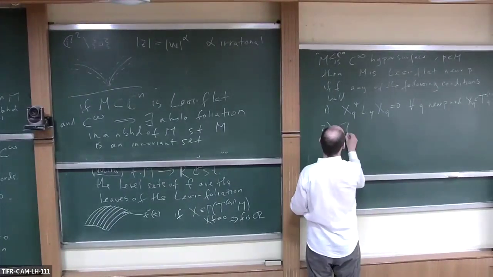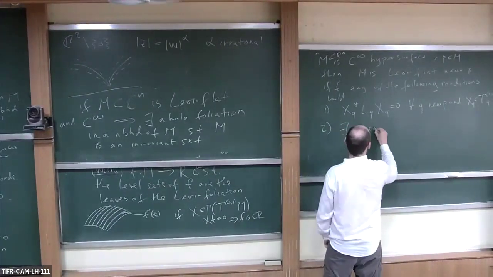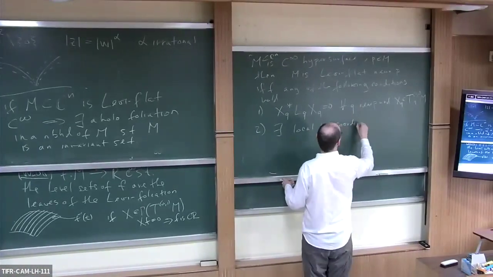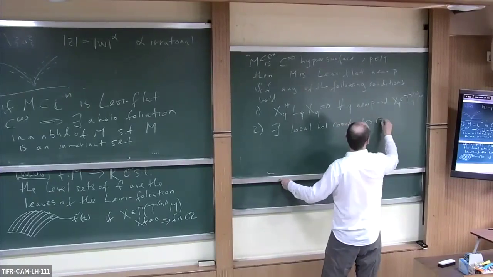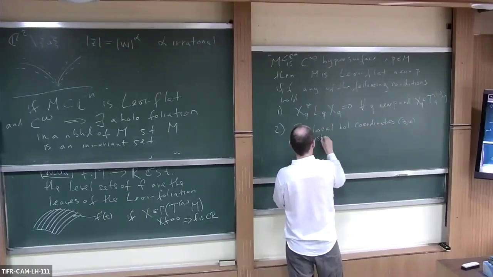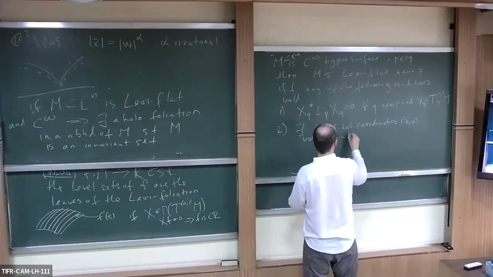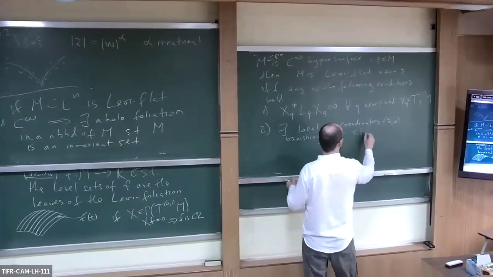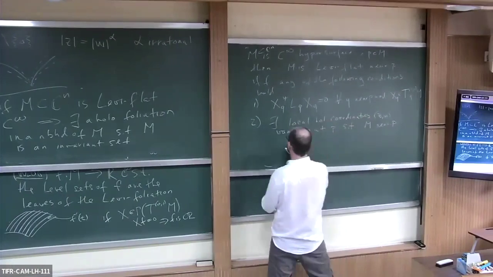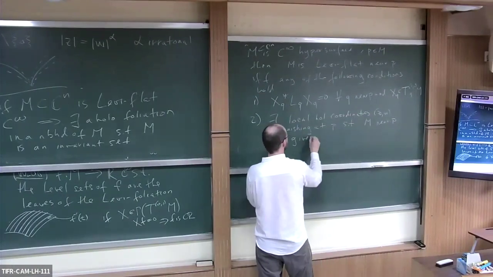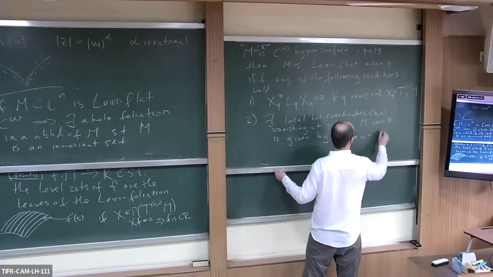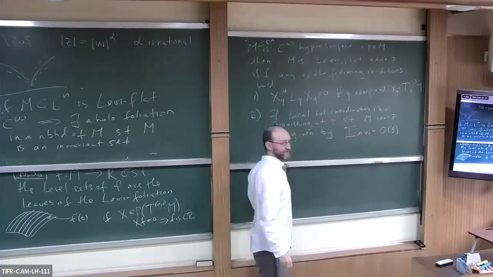So there exist holomorphic coordinates, w vanishing, such that M is given by imaginary w equals 0.